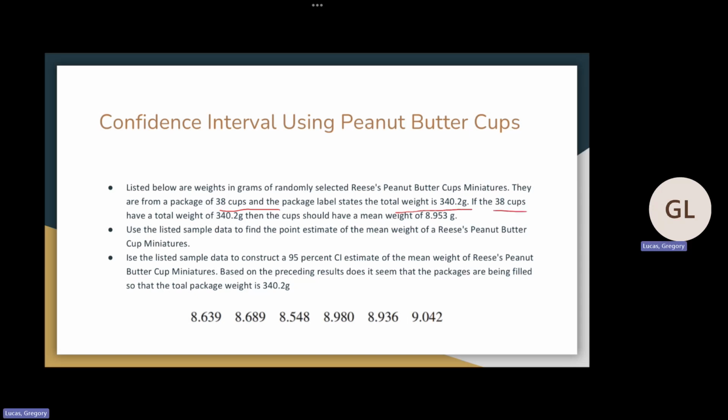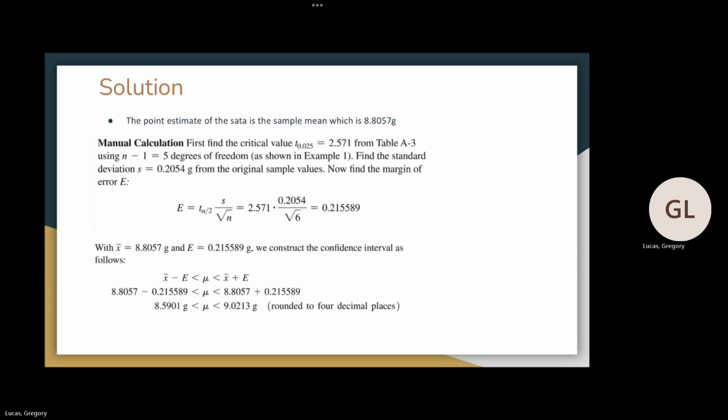The 38 cups have a total weight of 340.2 grams, so the cup should have a mean weight of 8.953 grams. Let's see how accurate it is from our sample. So let's start with our manual calculation. The point estimate of the data is the sample mean, which is 8.8057.